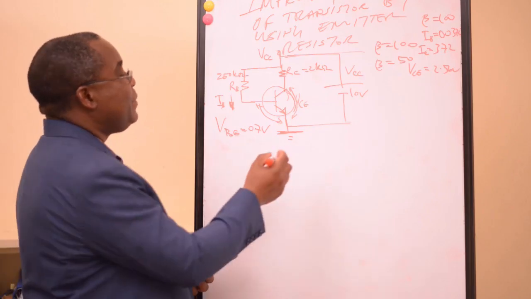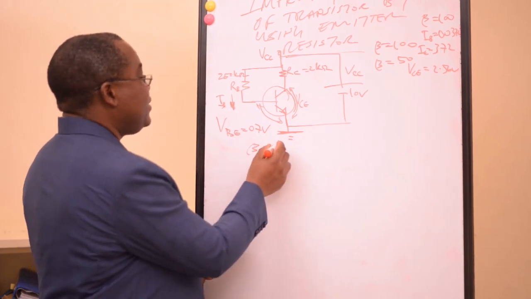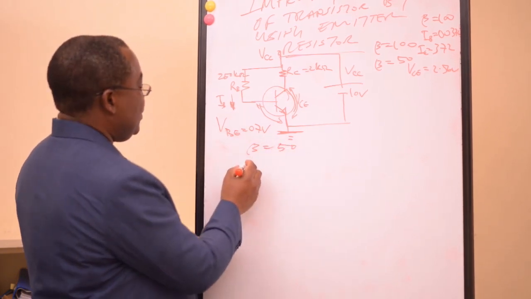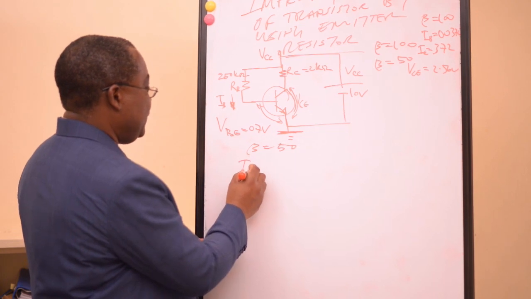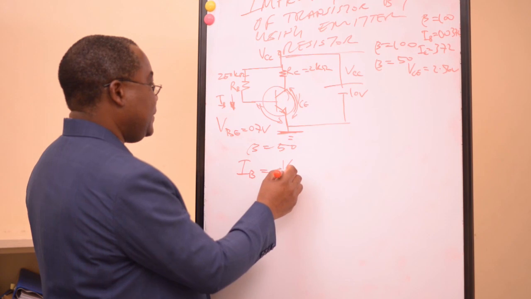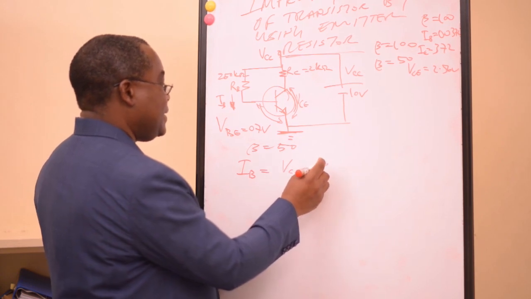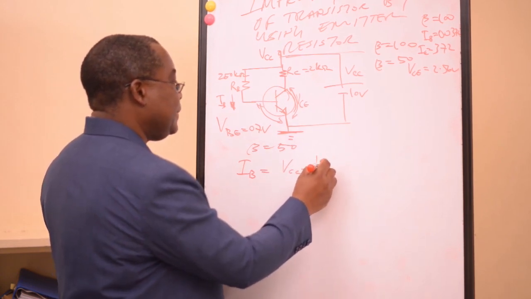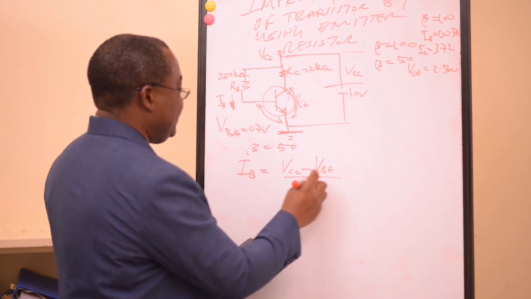Let's continue with beta at 50. So we need to find IB. Again, IB is equal to VCC minus VBE over RB.